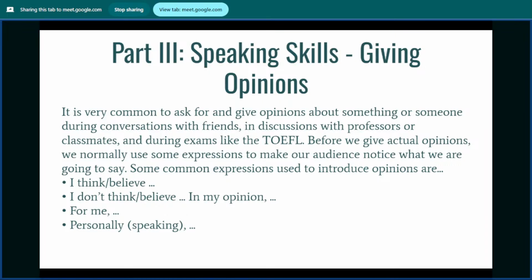Correct? Now, when we put forward our opinion, these are the words that we can use. I think, I believe, I don't think, or I don't believe, or in my opinion, for me. Personally, understand this: "for me" and "personally" are two different phrases, and we don't use them together. When you say "for me" it becomes personal, so we don't need the word "personally" again over there.